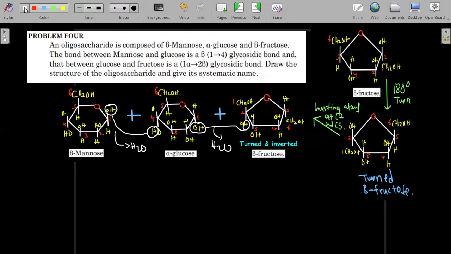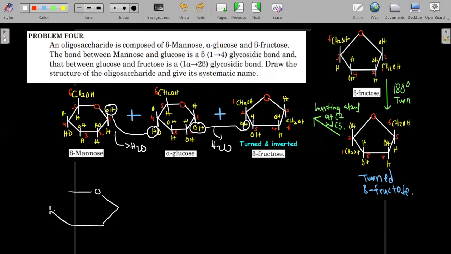So let's now draw the oligosaccharide that will remain there. I'm still going to have that, and then we have carbon number 1 there, carbon number 2 there, carbon number 3, and then carbon number 4. Let me draw it properly. We have carbon number 4 there, which is bonded to carbon number 5.